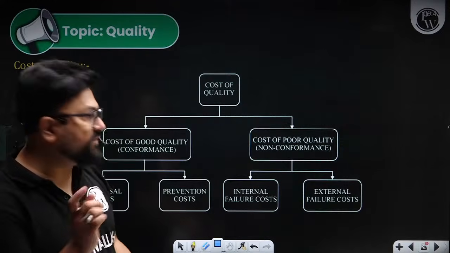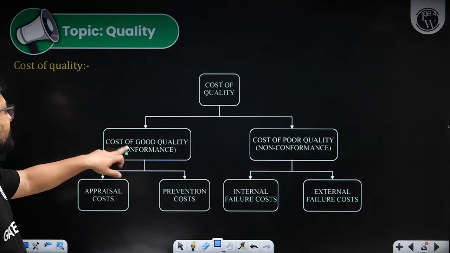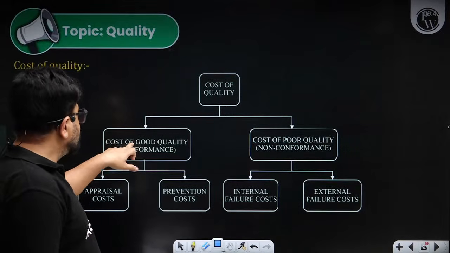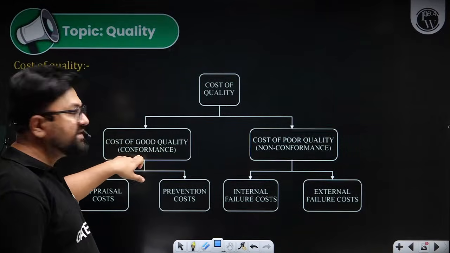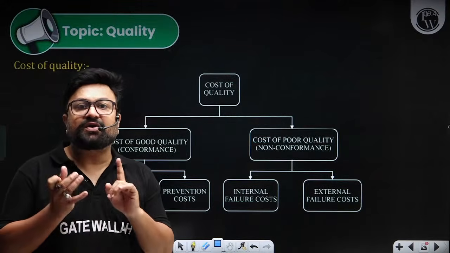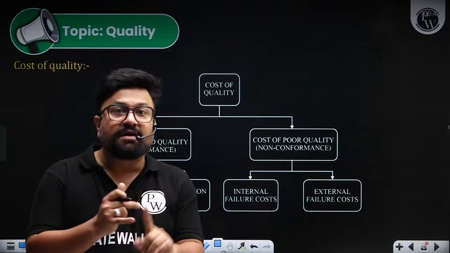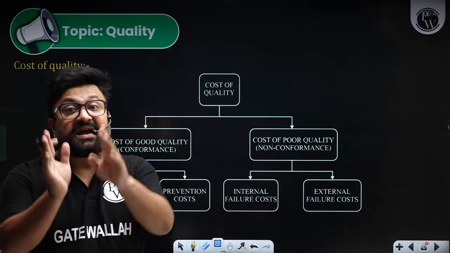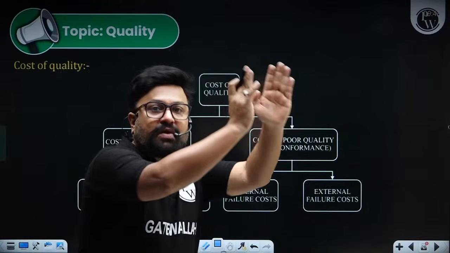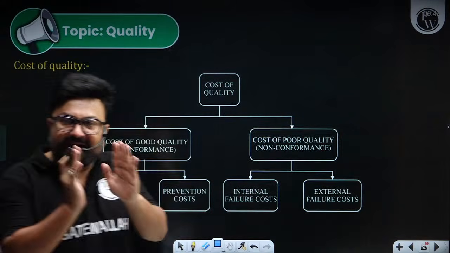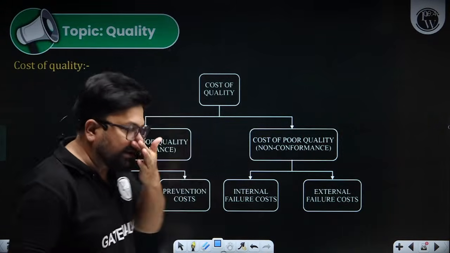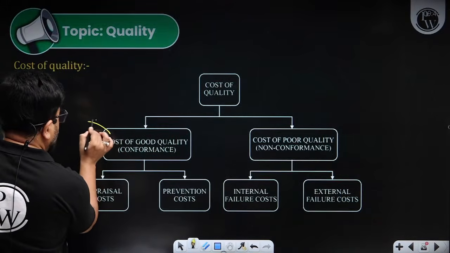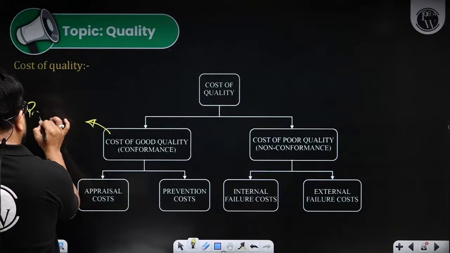Now cost of conformance. What is cost of conformance or cost of good quality? The cost of providing, please remember, the cost of providing product as per the required standard.